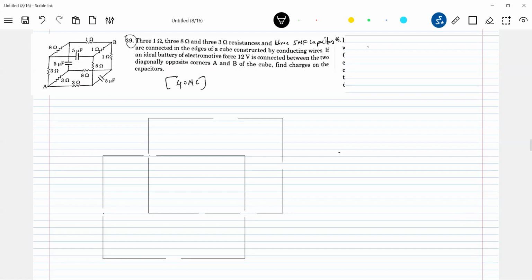The one resistor. So we have 8 ohm resistor is there. The 1 ohm I'm showing by red color.